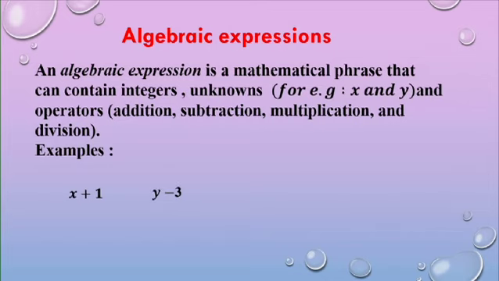This one also is an algebraic expression because you can see that there is an integer value, an unknown value, and an operator. These are some more examples about algebraic expressions. As you can see, in all of these expressions, we do have an integer value, an unknown value, and an operator.